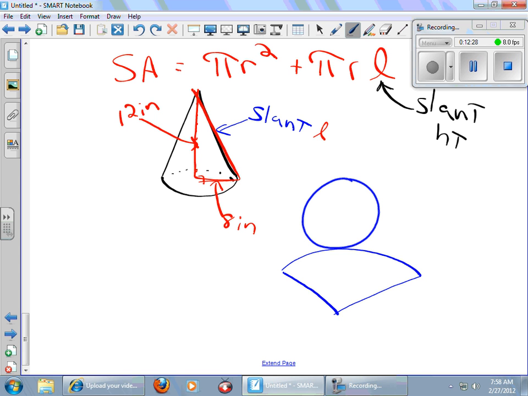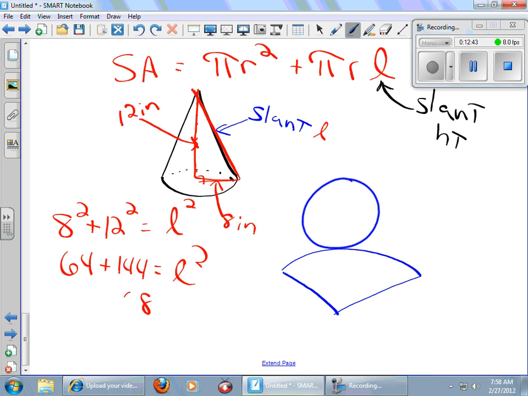L would be the hypotenuse, so I'm going to go 8 squared plus 12 squared, and I'm going to make it equal to L squared. And that'll be 64 plus 144. Ooh, that's gross. And that'll be 208, L squared. I will take the square root of each side.